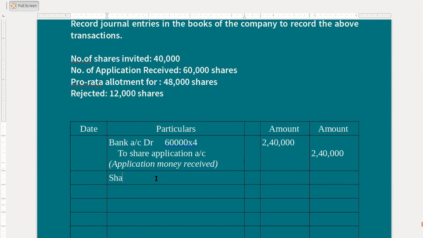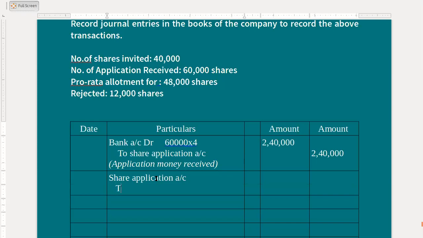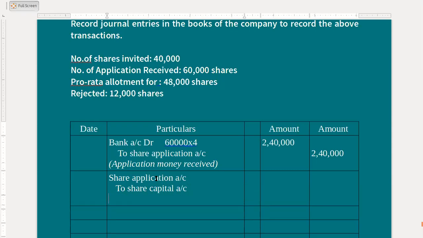Share application account debit to share capital account. To share allotment account.